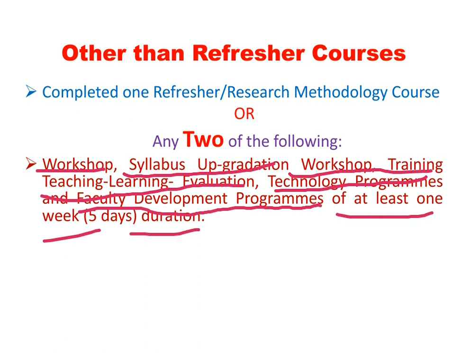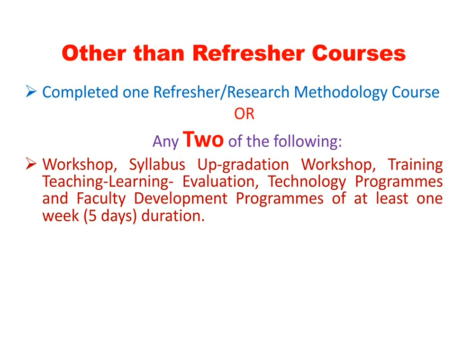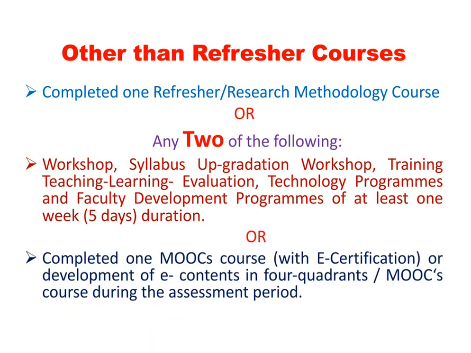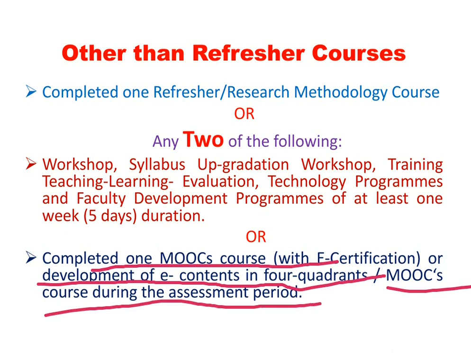It means 5 days duration programs, two such programs are equal to 1 course. This is also eligible for CAS. Or if you completed one MOOCs course with e-certificate, it is also considered for CAS. Or development of e-content in 4 quadrants or MOOCs courses during the assessment period is also considered for CAS. It means you have to complete any of these criteria.